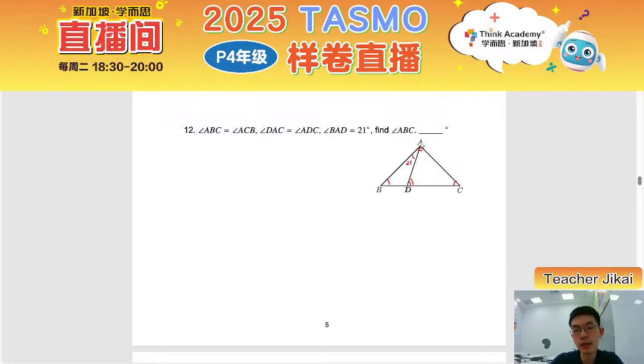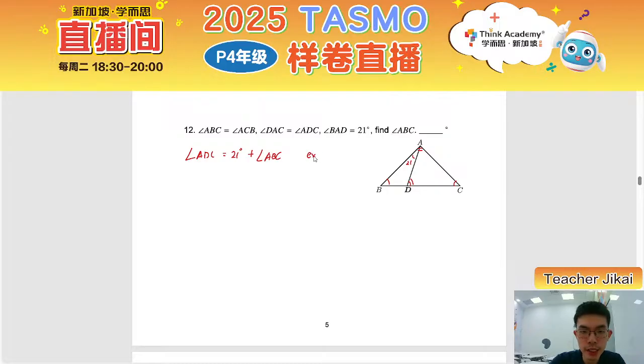So if we want to know the angle of ABC, we can start from something we have known in the geometry, right? When you find the relationship between ADC and ABC, you can find something interesting. So ADC will be the 21 degrees plus the angle ABC. Why?